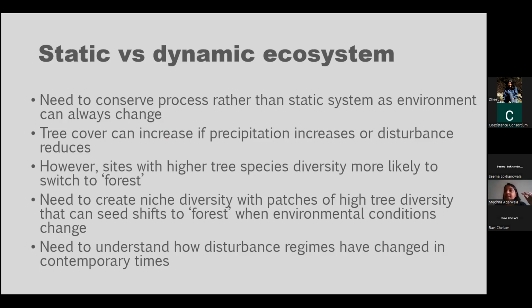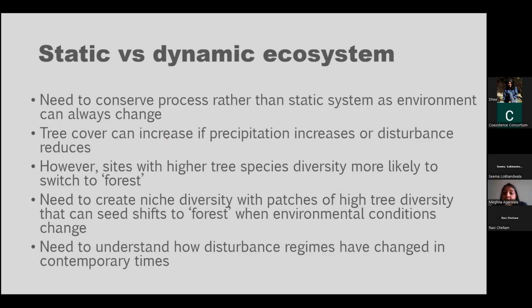That's just the natural system. So if you want to keep the resilience of the system, the ability to switch back, to continue in this process, then we should make sure that we have more niche diversity, where we have high species diversity of trees that can then seed the next switch back to high tree cover, etc.